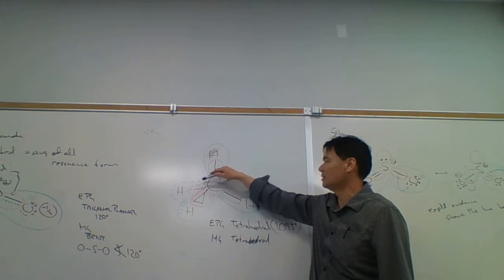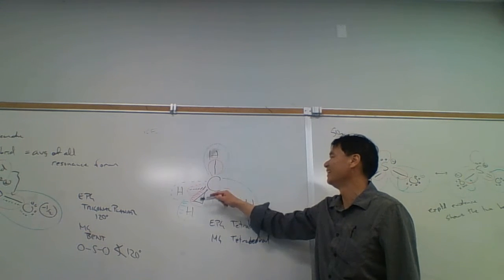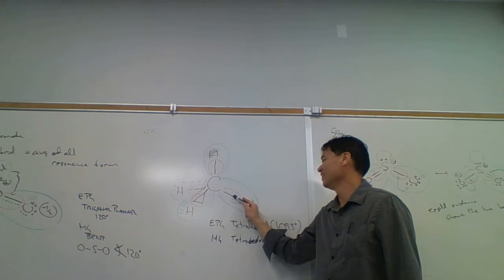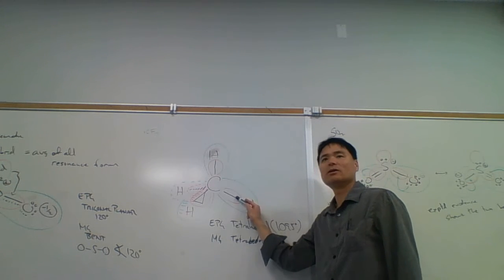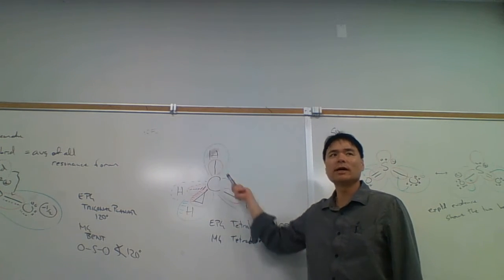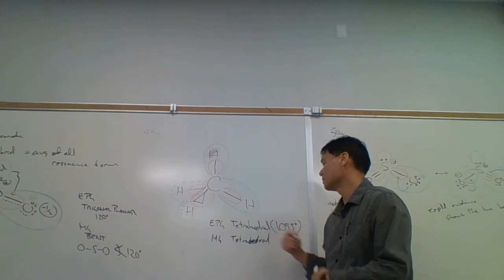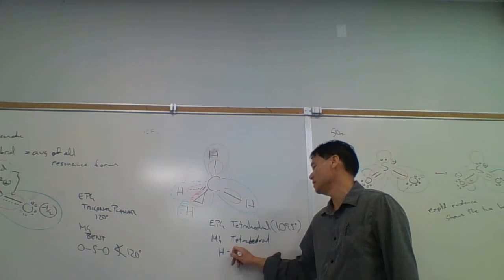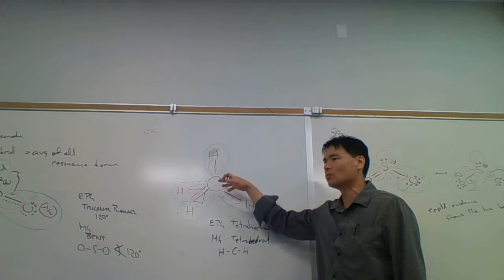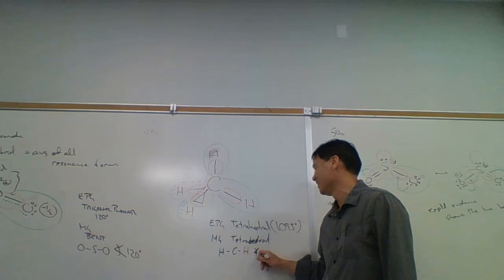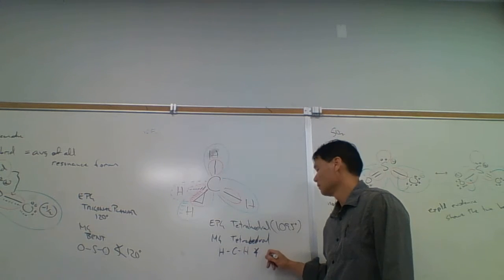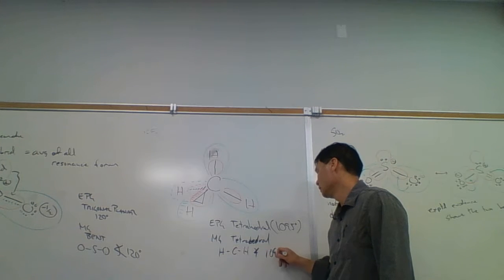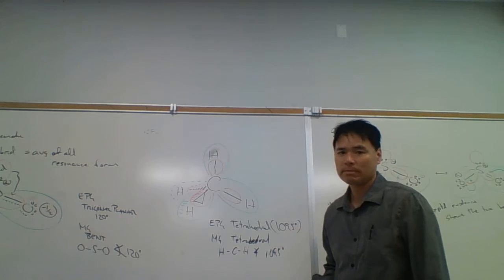This H, this C, this H. 109.5. They're all 109.5. There are multiple angles here, but they're all the same. So what we'll just say is that the H, C, H angle, regardless of which ones you pick, are all the same. They're going to be 109.5 degrees.